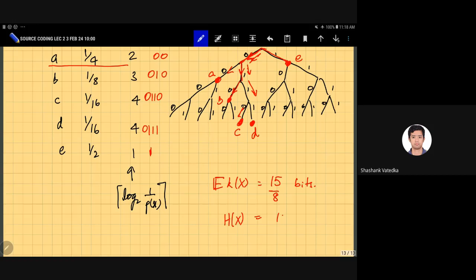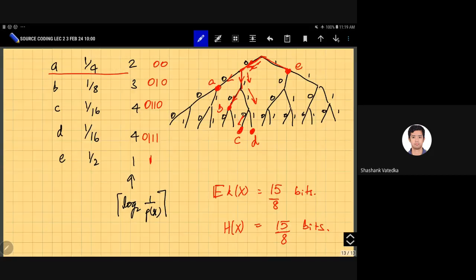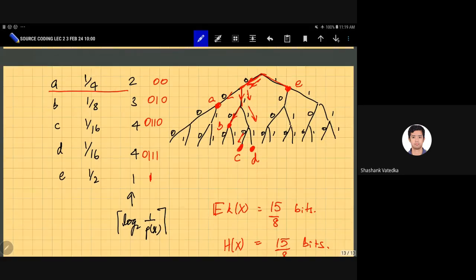So this is also equal to 15 by 8 bits. Right? So this is one example of a source where the expected length is equal to the entropy. And can one of you tell me why we got the two to be the same?